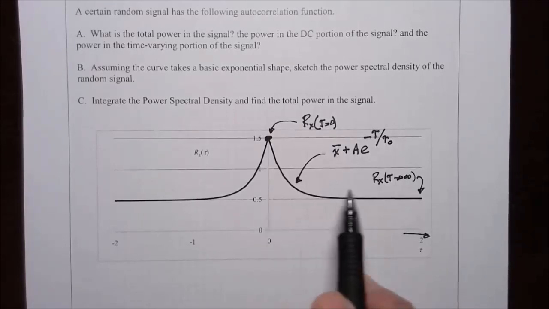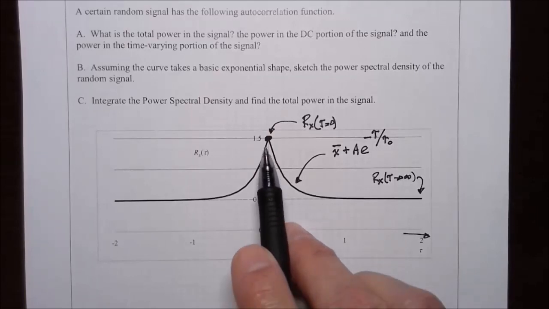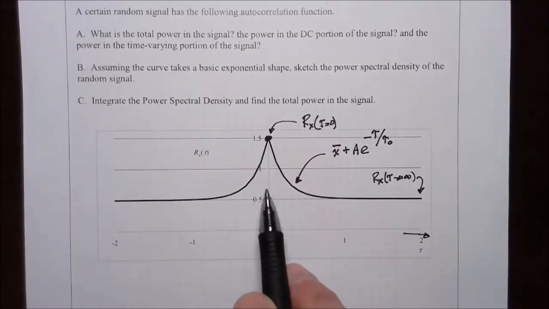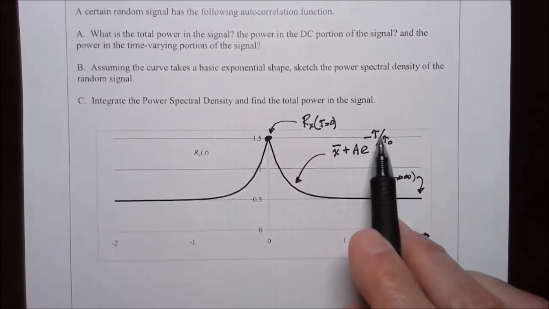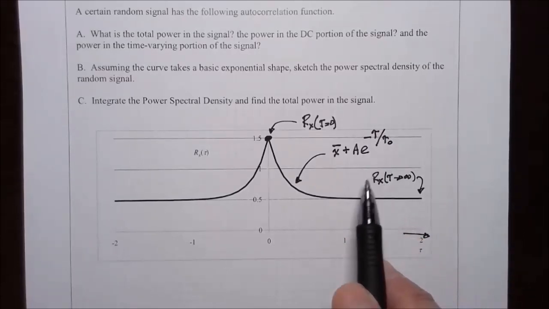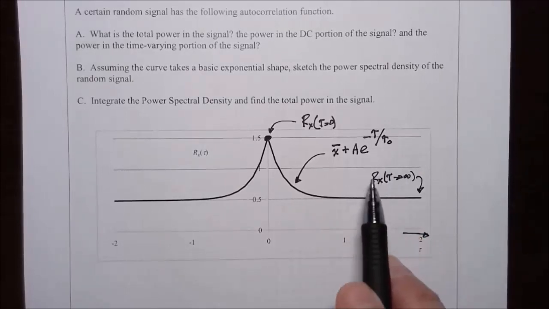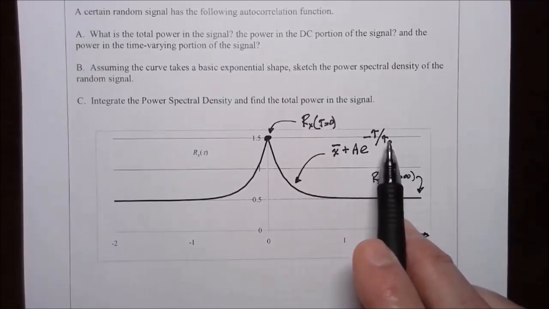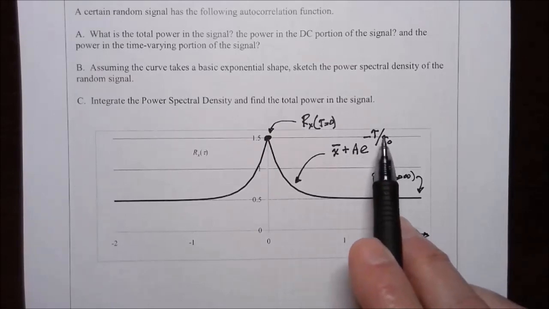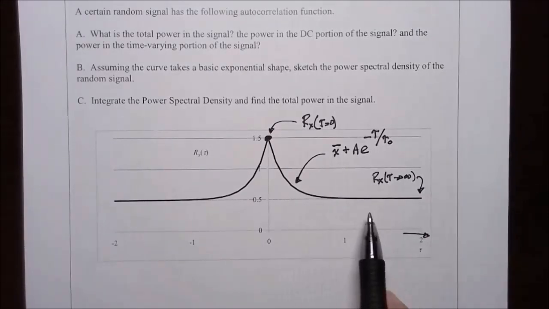The DC offset value is easy to find. The additional height of this decaying exponential is easy to find, and this time constant tau naught is easy to find. I've just given it this name, but remember that with these decaying exponentials, the decaying exponential reaches its final value in 5 times the time constant.